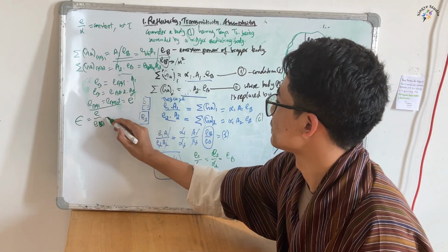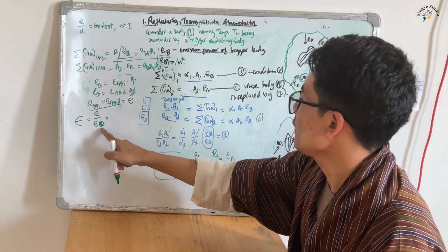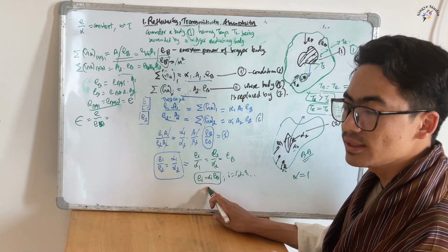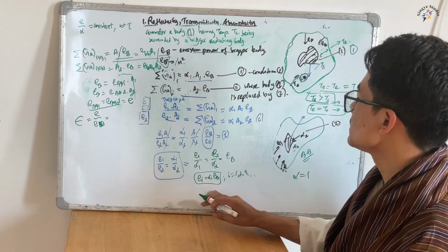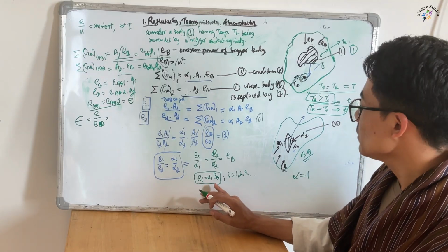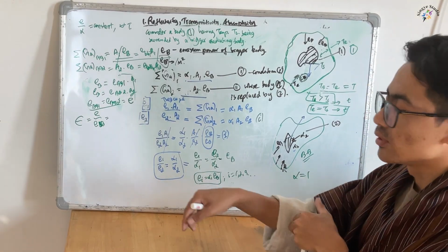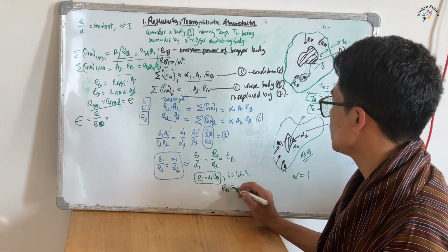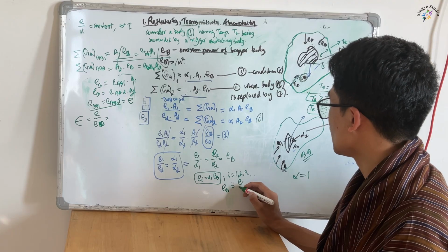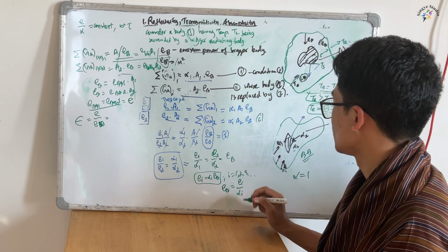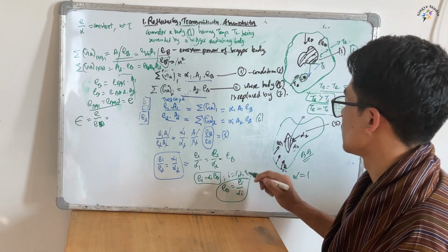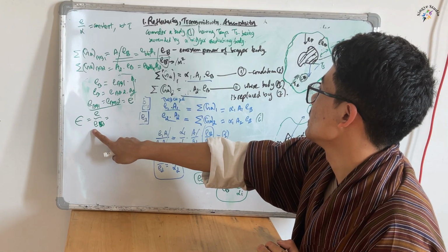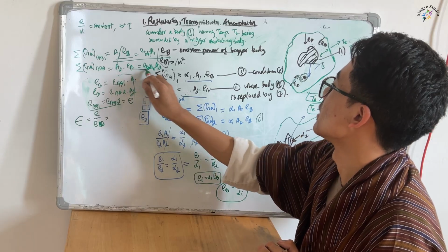So what happens? The emissive power of the black body you can replace from here, right? Because this is true for all, even for the black body. Therefore, you can say E_B equals E_i by alpha_i, which will be equal to what? The emission of the black body, they are equal here.